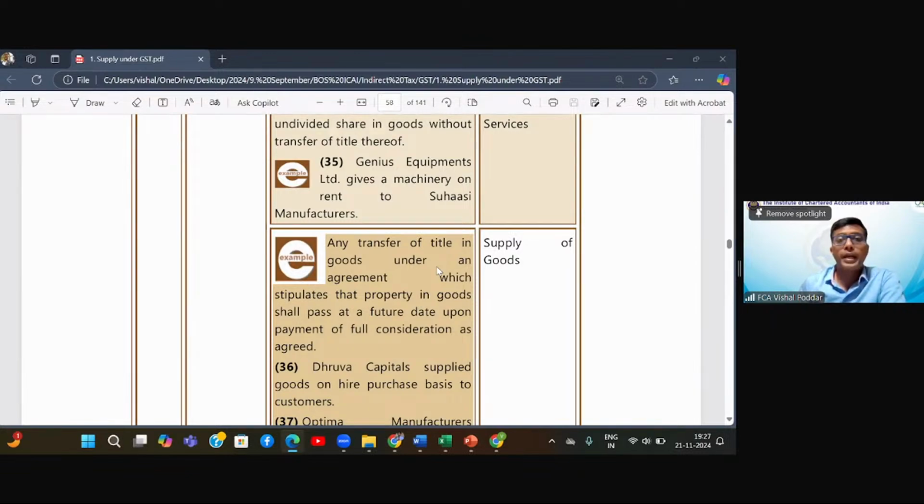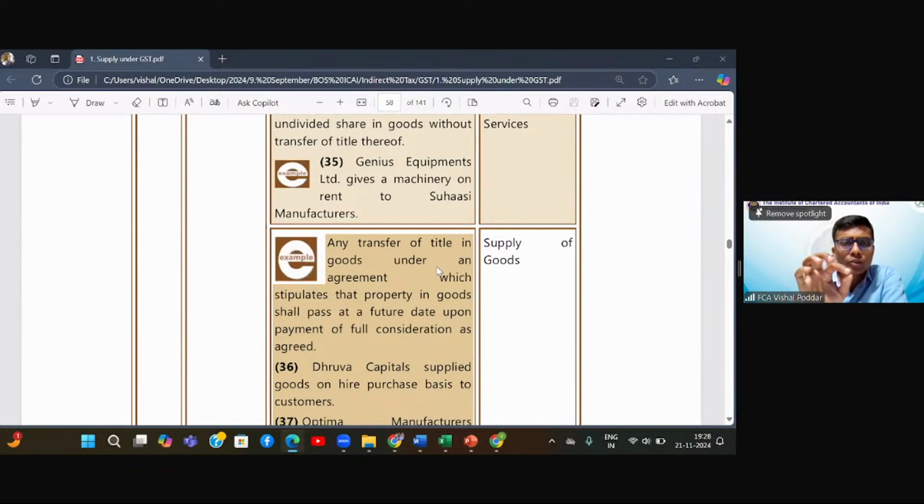So IPR is intellectual property rights. What are intellectual property rights? Intellectual property rights are these various intangible assets which get registered under some specified act, and they get the status of a specific asset.